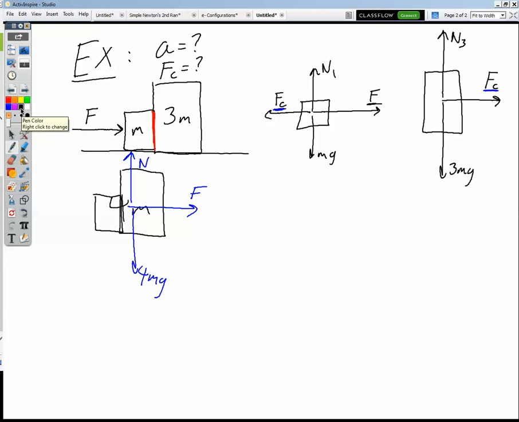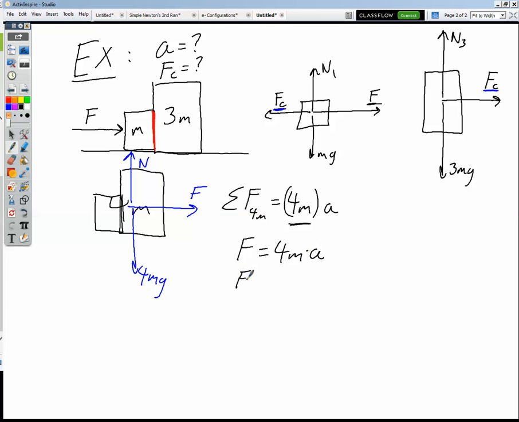So if I just want to find the acceleration of both blocks as a whole, this is the easiest way to do it, because I know that the sum of the forces acting on the system is equal to the mass of the system, which is 4m, times the system's acceleration. It's very important that you give the whole mass of the system when you do this. So the forces acting are just F. The mass of the system is 4m, and we're looking for the acceleration.